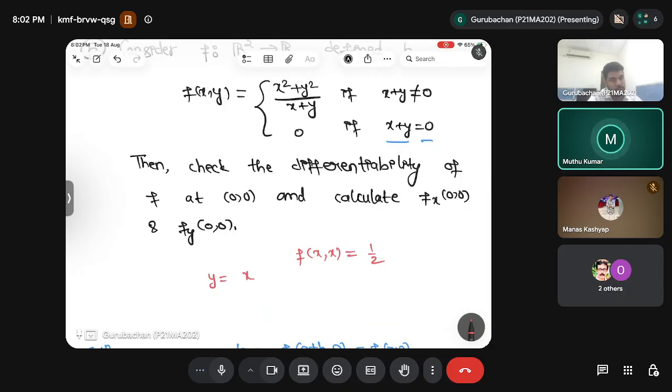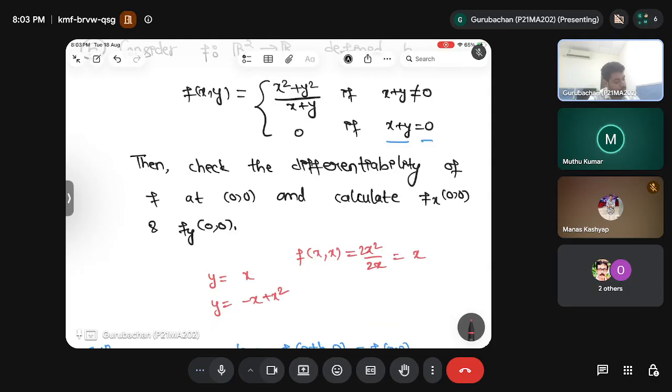Another path now. You have written equal to half. How are you getting that 1 by 2? Sorry, this will be x only. In fact, this will be 2x square divided by 2x. This will be x. That tends to 0. Yes. Now take y equal to minus x plus x squared.